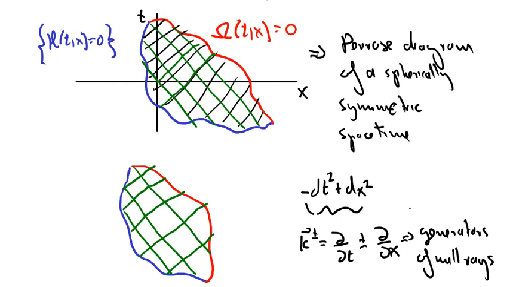Okay, so the relevance of knowing the generators of null rays is that we have this picture. It's easy for us to draw causal curves. We can just draw a causal curve here because we only need to keep the tangent vector to the curve within the tangent vectors of each of the null rays.